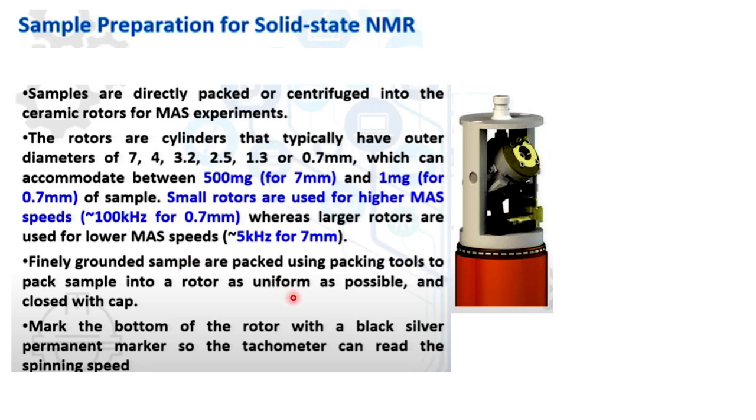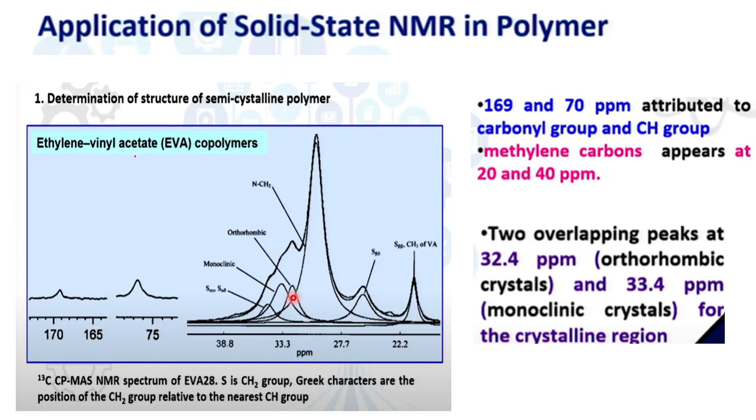That sample must be finely ground so that efficient packing can take place. At the bottom of the rotor, a black or silver permanent marker is required, because to check the speed of the spinning there is a tachometer.